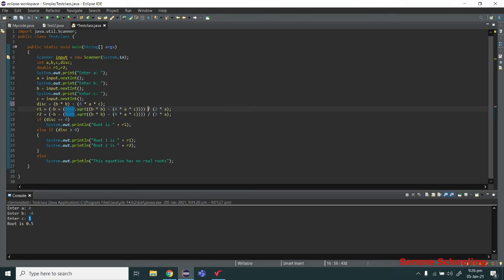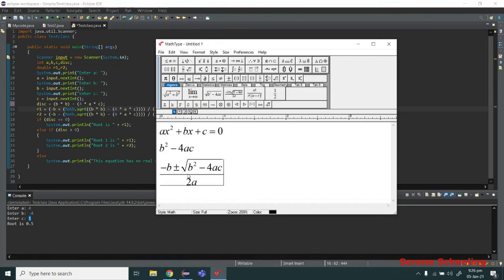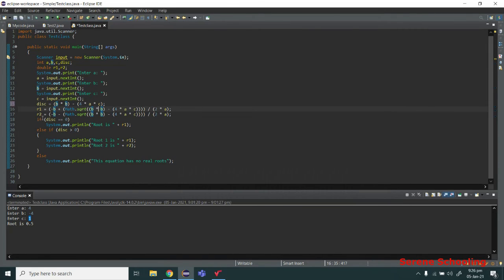Then I am dividing the result of this whole expression by 2 multiplied by a, and it is exactly what we wrote here. Similarly, I am calculating the second root using the same formula.